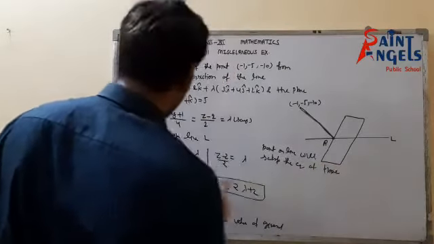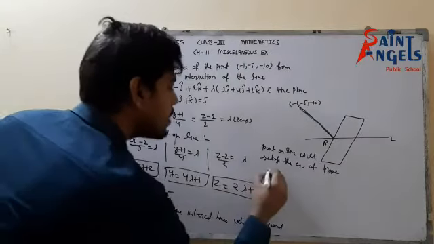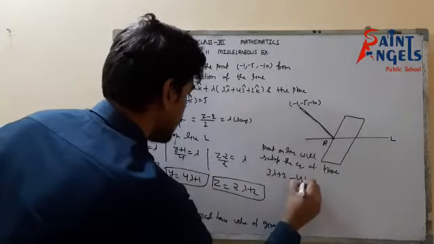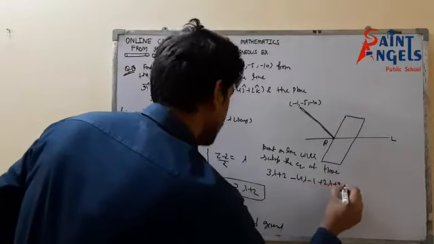So now we will put the value of x, y, z into this equation. So the value of x is 3 lambda plus 2 minus y, so that would be minus 4 lambda minus 1 plus z, so 2 lambda plus 2 equals to 5.